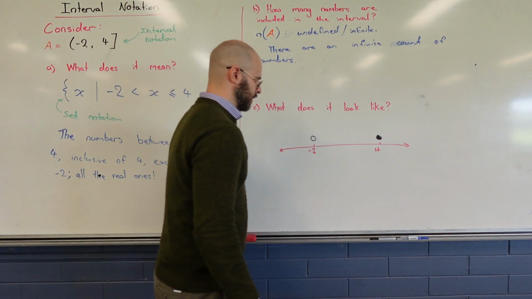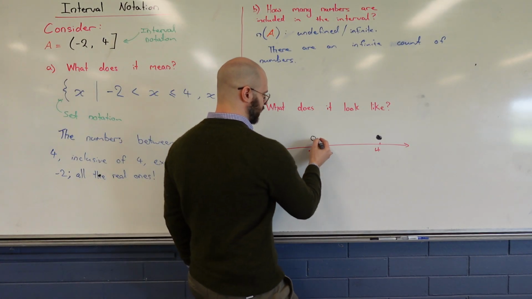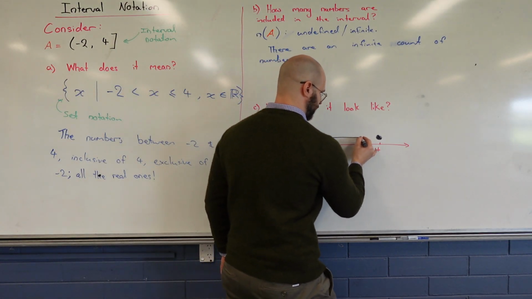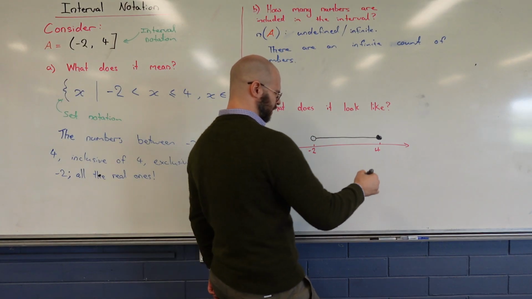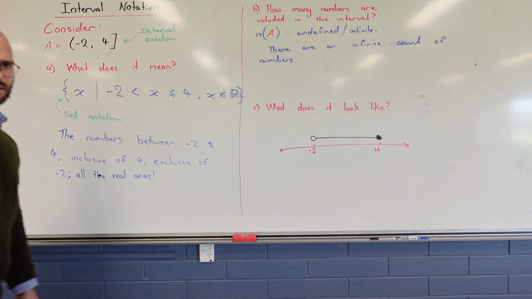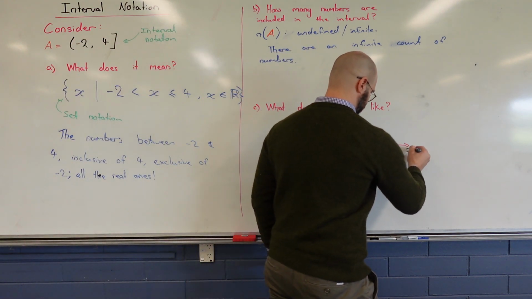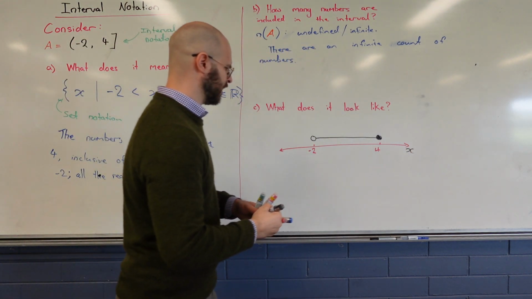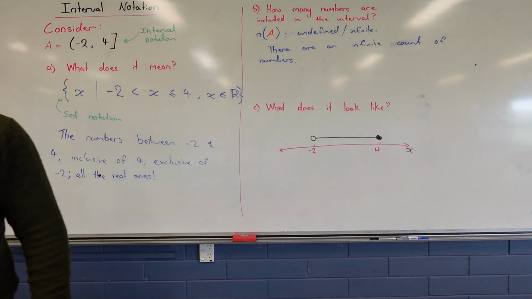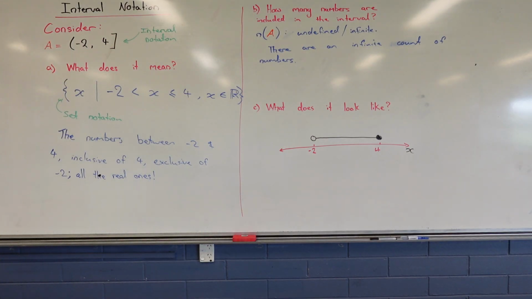And then we're looking at all of the values between. The way I like to think of this is actually quite important notation. Do you notice how the circle's open? Sorry, it's unshaded.